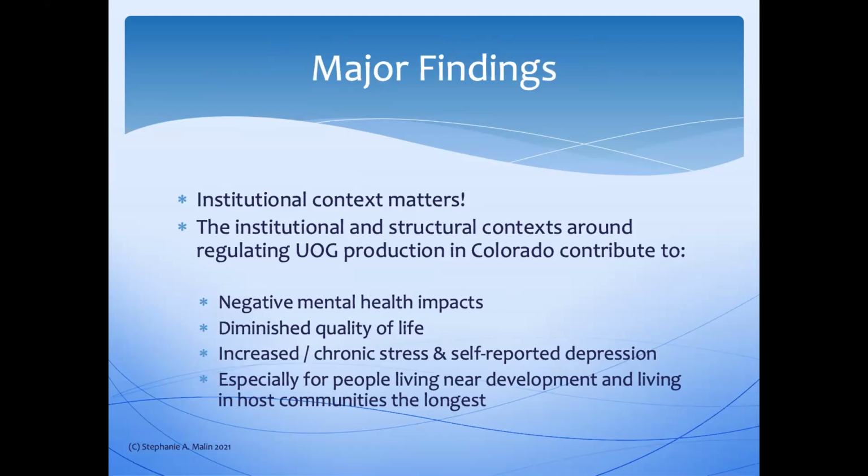As a sociologist, I study these social systems. And so when we see how people's mental health and their quality of life is being affected or impacted by this, we often look at the institutional context. So what's going on more broadly?